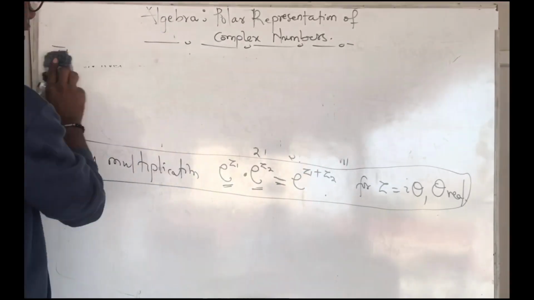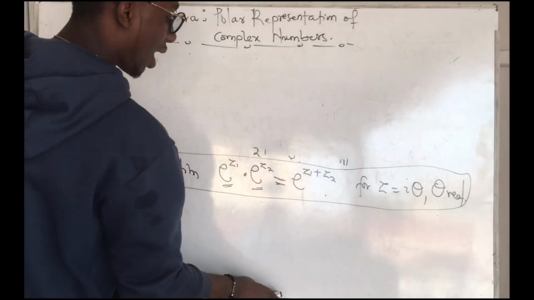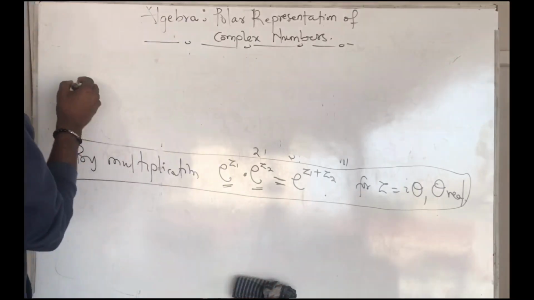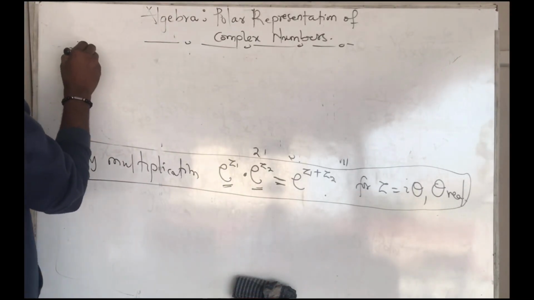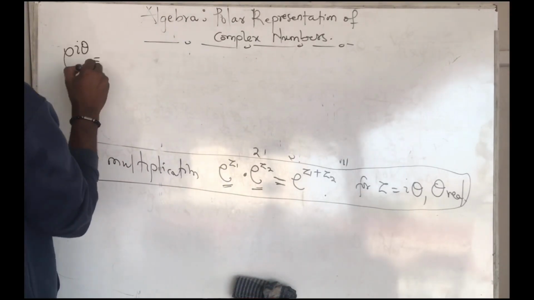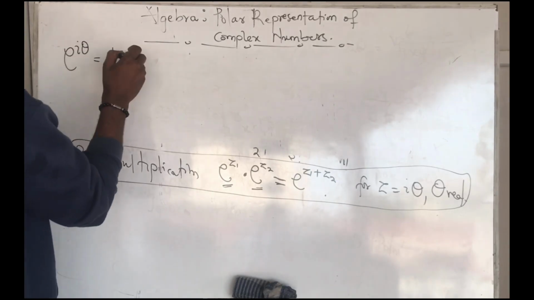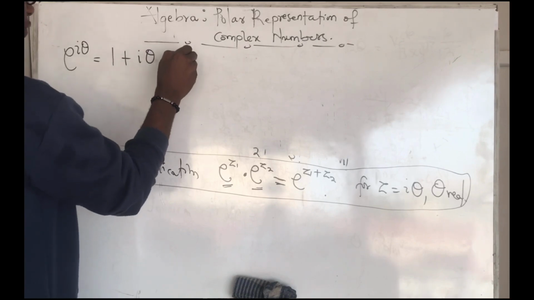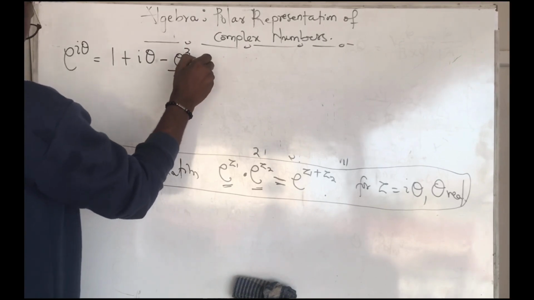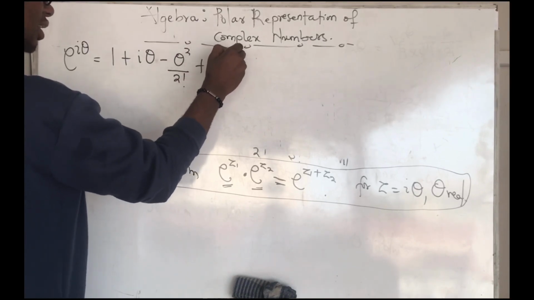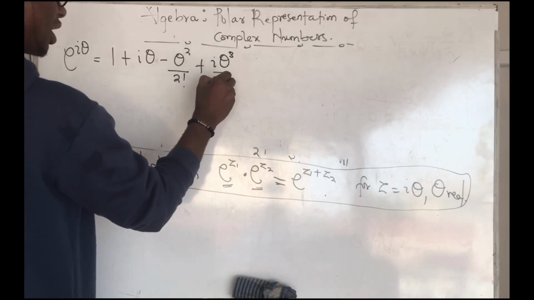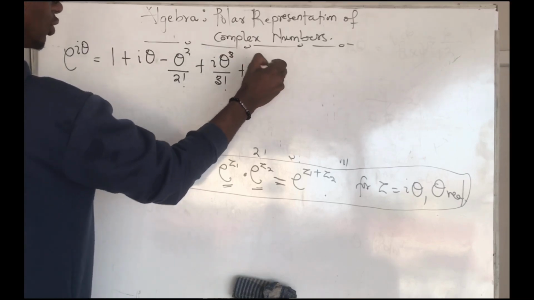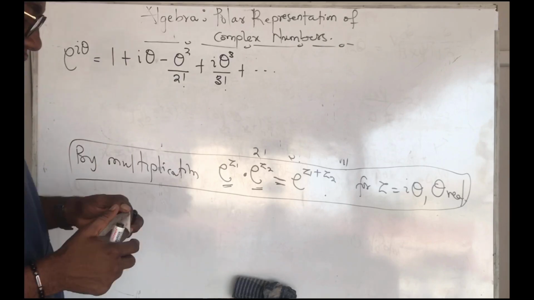So now let's look at when it is valid for i theta. How do we go about it? When we have e to the i theta, then we'll be having 1 plus i theta minus theta squared over 2 factorial plus i theta cubed divided by 3 factorial, plus and so on. Now, when you do this, what do you see here?